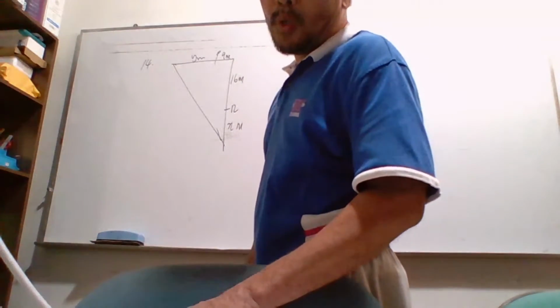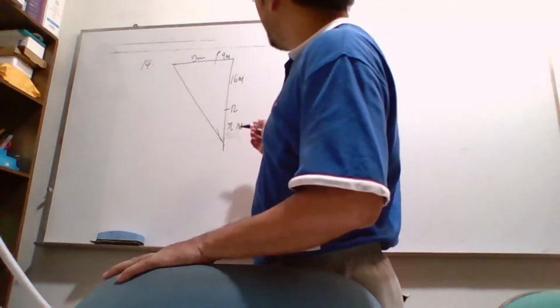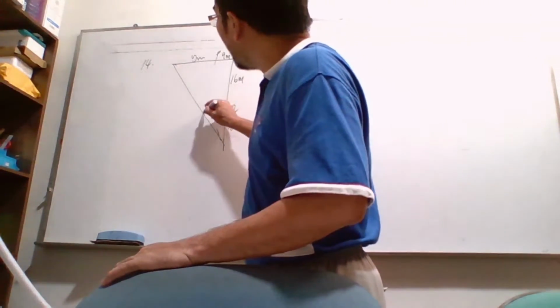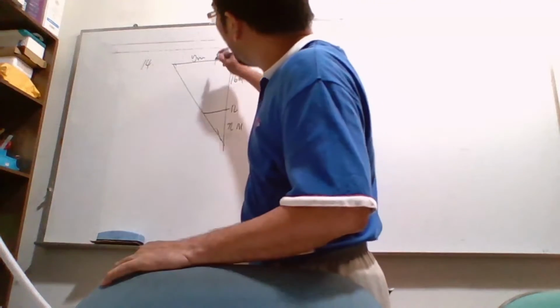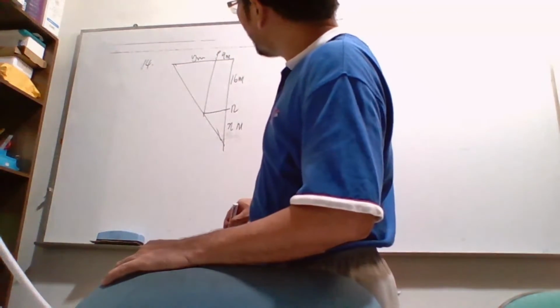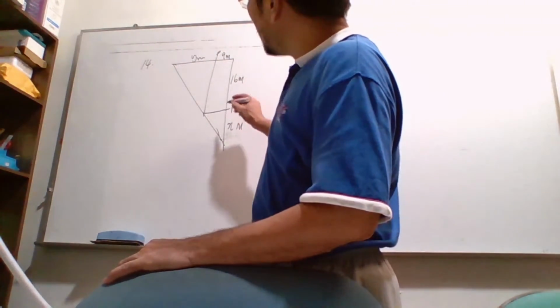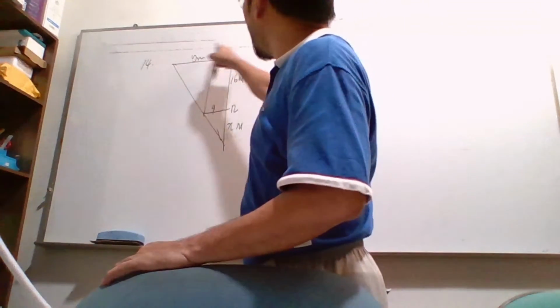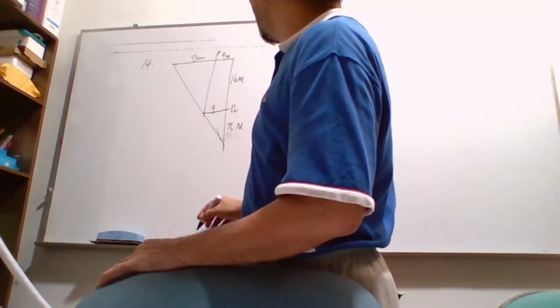So as usual, you have to figure out using the triangles, big triangle and small triangle. And this should be 9. Here is x, and then here is 9. This is the small triangle. The big triangle is this one.